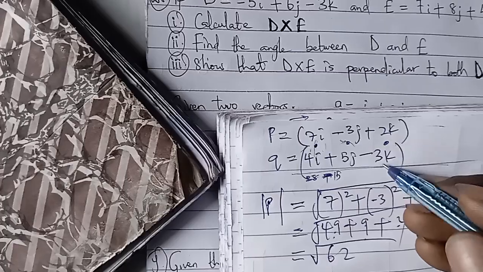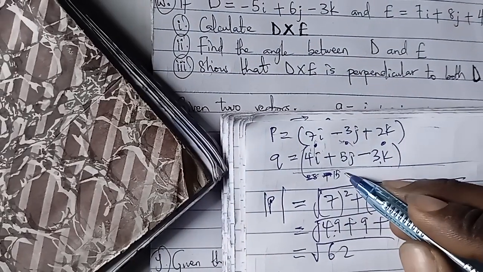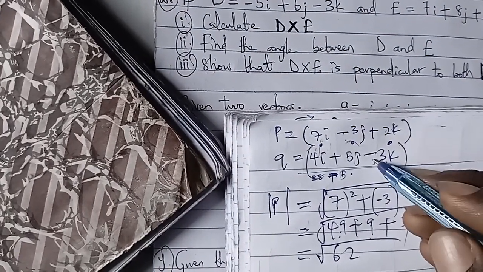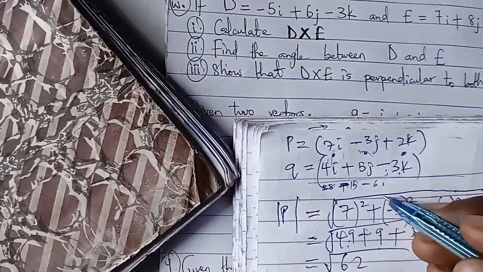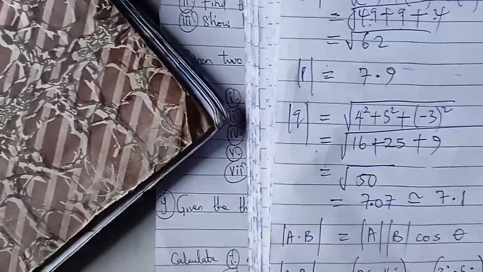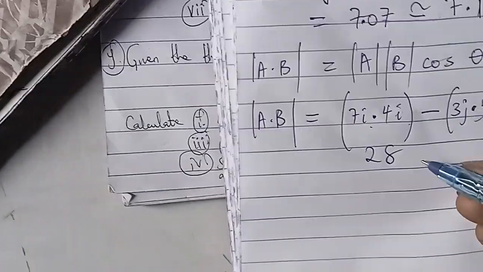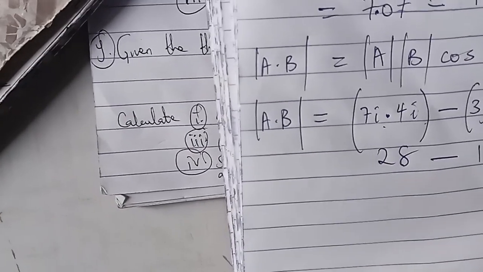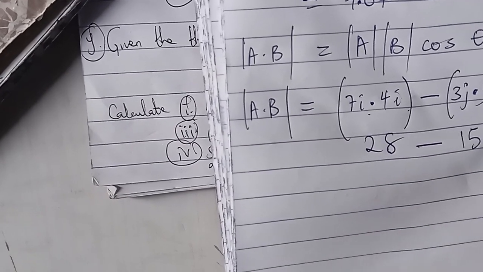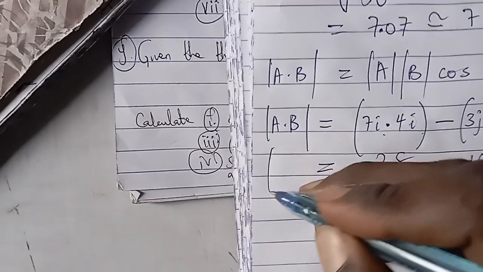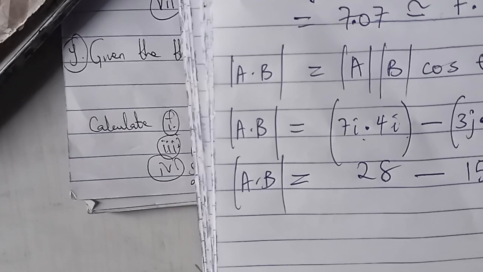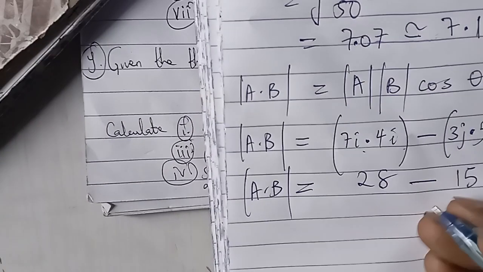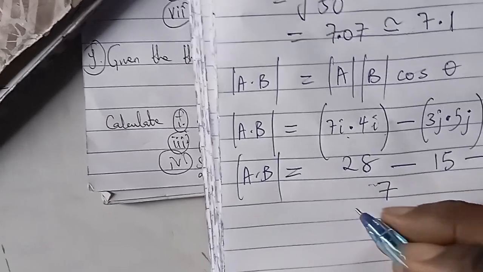Then 2 times minus 3 is minus 6, and k times k is 1. So A dot B is 28 minus 15 minus 6, which is the same thing as 7.